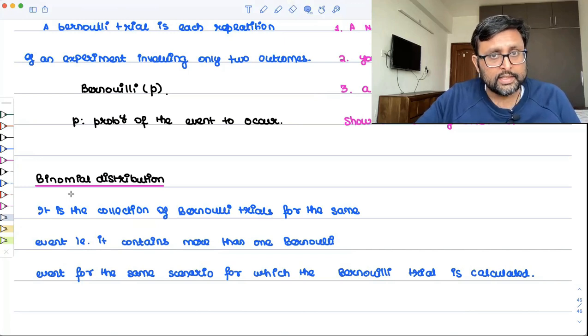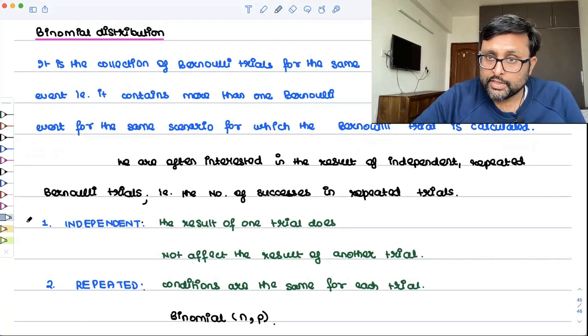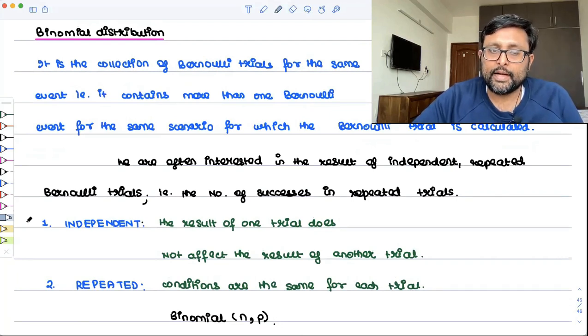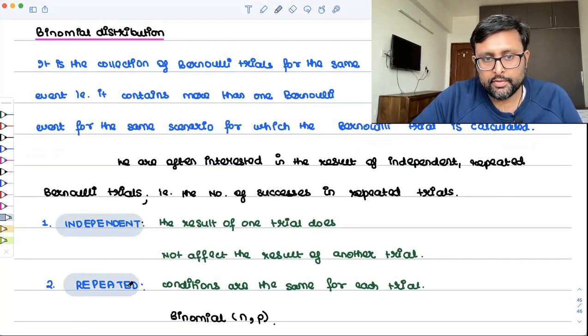Repeated, the conditions under which the trial is going to be taken up, those conditions are going to remain. So that is what I've said. So we are interested in the result of the independent repeated Bernoulli trials. I've told you the meaning of independent and I've told you the meaning of repeated, right? So when you write for the binomial distribution, you write how many times this experiment is repeated and what is the probability of success, right?